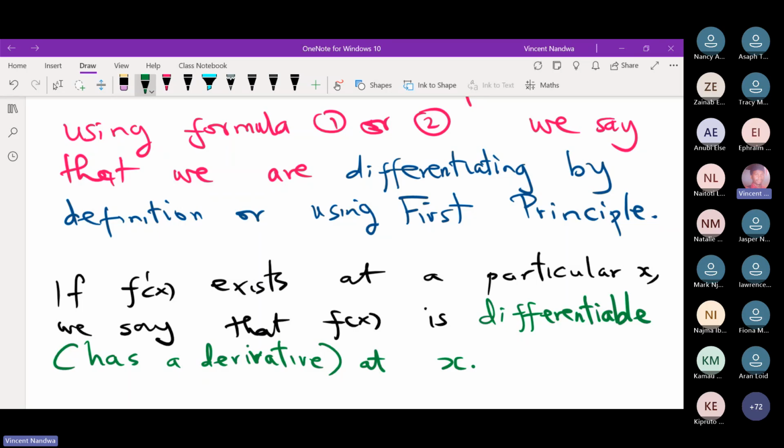So when f of x exists and f prime of x exists, then we say that f of x is differentiable.